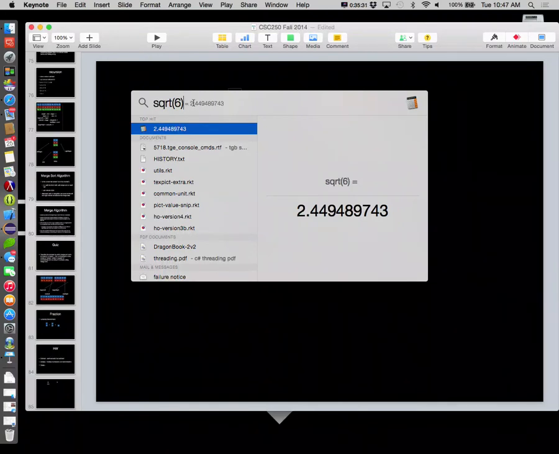So, the square root of 6 is 2.444, and so on, right? If we took 6 and subtracted from it its square root, what do we get? 3 point something, right? And that's truncated, because it can't hold those values.